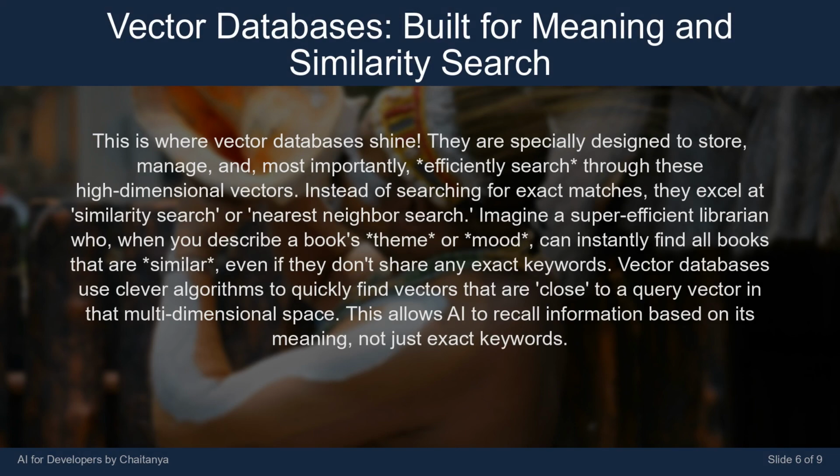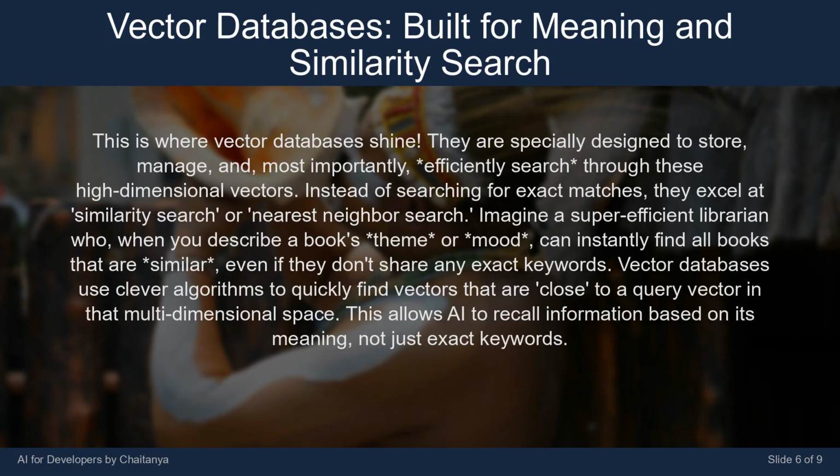This is where vector databases shine. They are specially designed to store, manage, and, most importantly, efficiently search through these high-dimensional vectors. Instead of searching for exact matches, they excel at similarity search or nearest neighbor search.